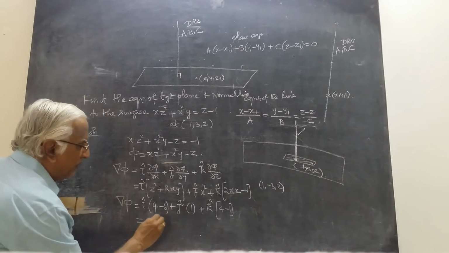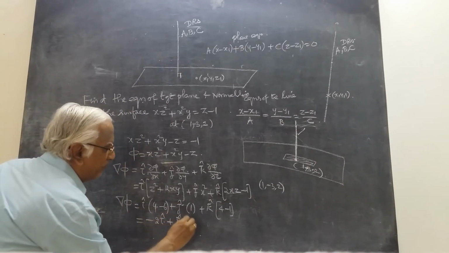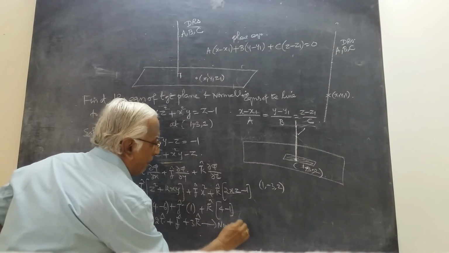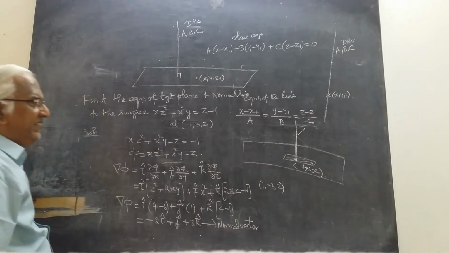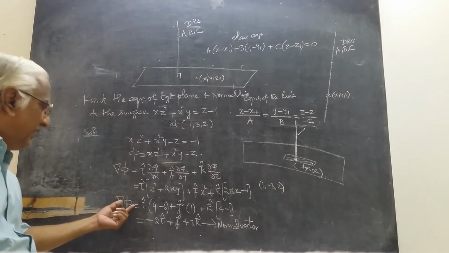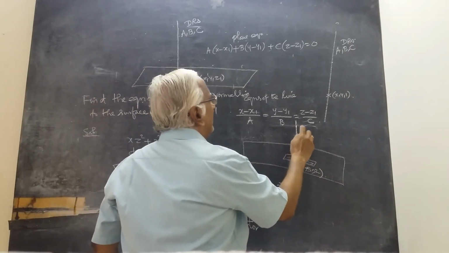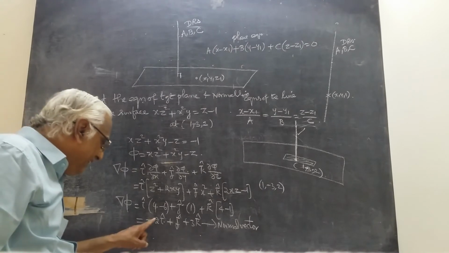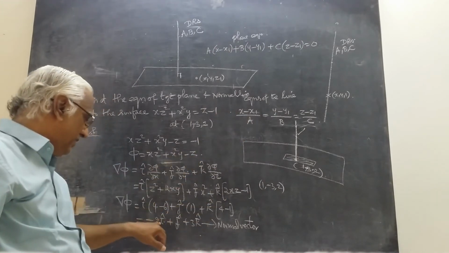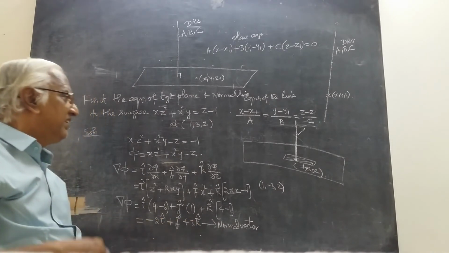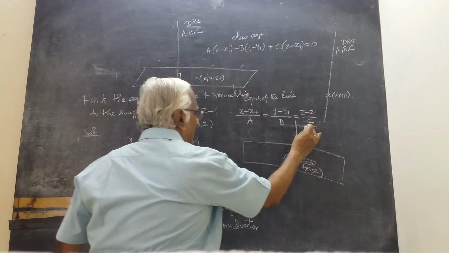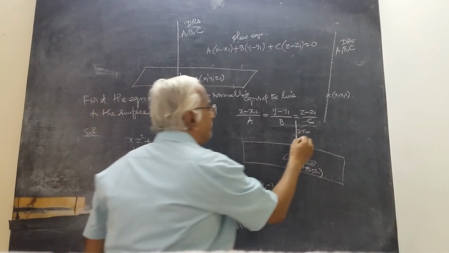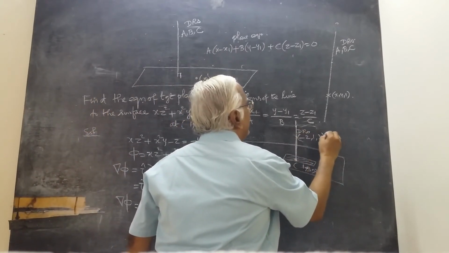So this comes to minus 2i plus j plus 3k. Del phi is the normal vector. The ijk coefficients of the normal vector are the DRs of the normal line. So the DRs of the normal are minus 2, 1, 3.